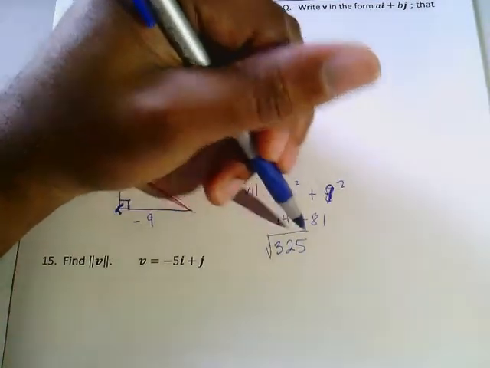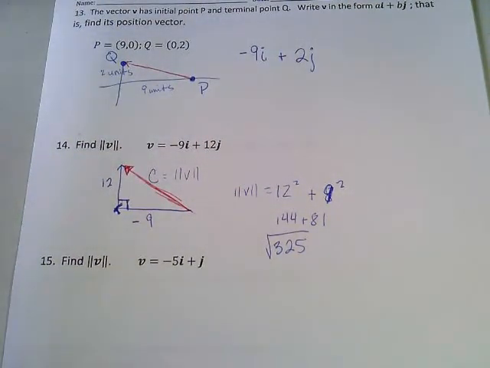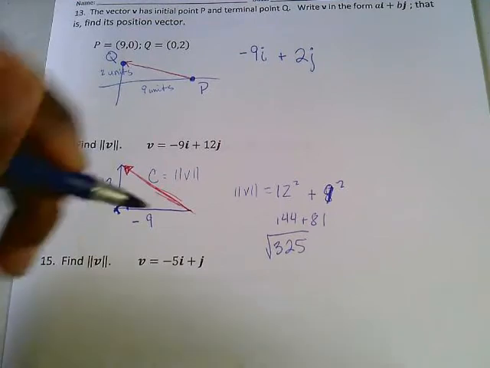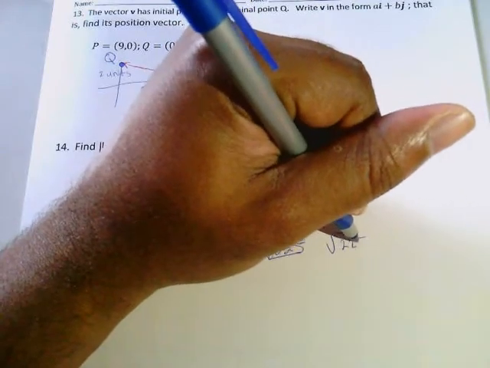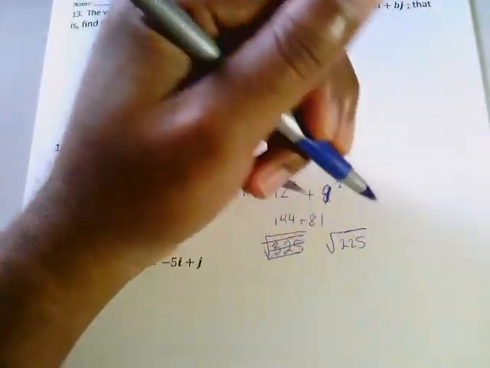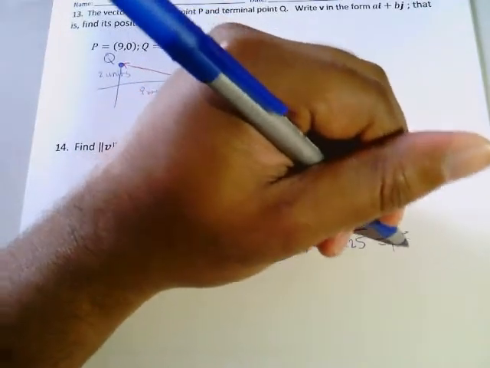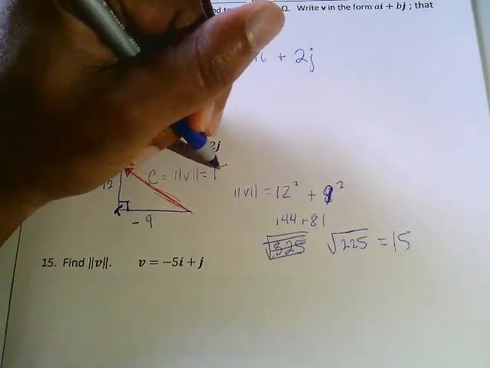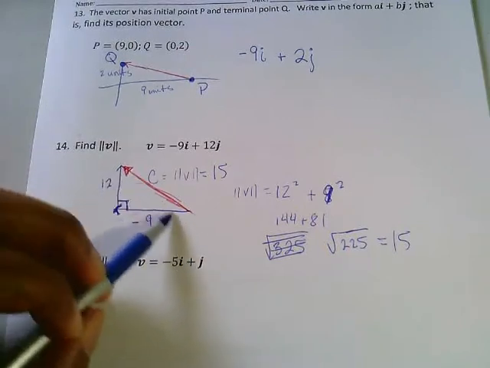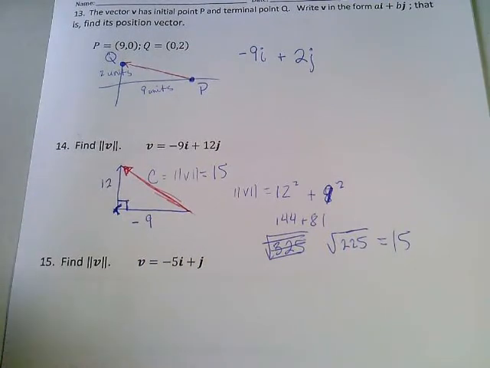So it's going to be the square root of 225. So let's break this down. The square root of 225 is going to be 15. So the magnitude of this vector is 15.